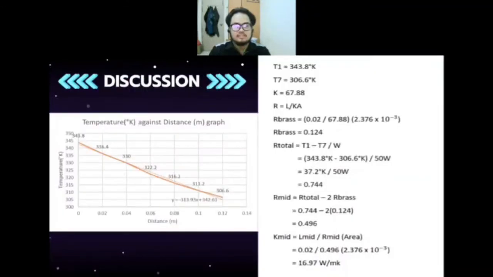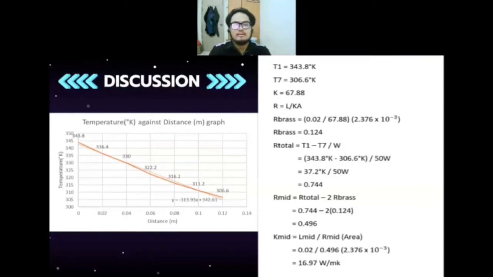So for this discussion number 4, we have to calculate the brass resistance. For this calculation, I am using the 50 watt data. The T1 is 343.8 Kelvin and T7 is 306.6 Kelvin. For the thermal conductivity, we calculated before, we get 67.88.